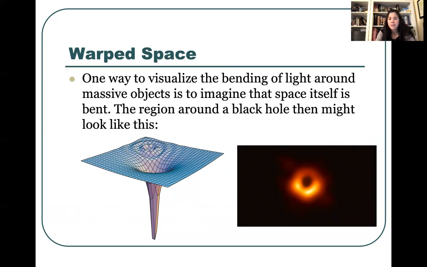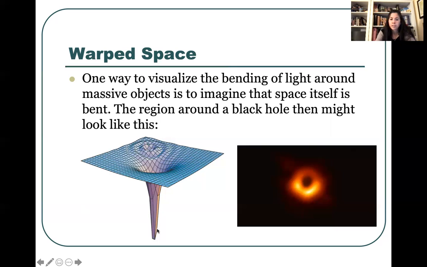And the idea is that if you look at this picture here, the center of this thing is the location of the black hole. And the idea is that space itself is being bent by the mass. And so you can see that if you have a small mass, you can have a little ripple.